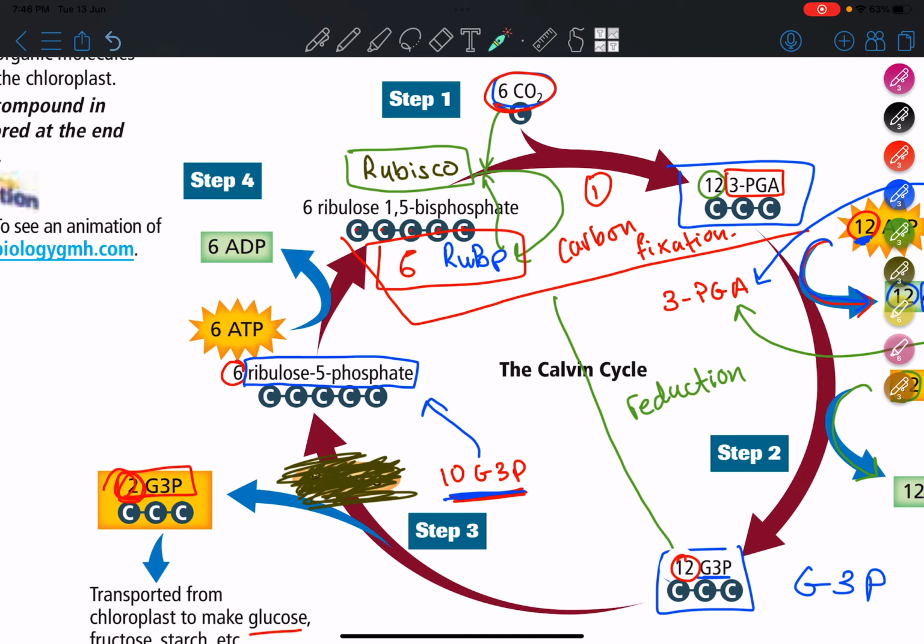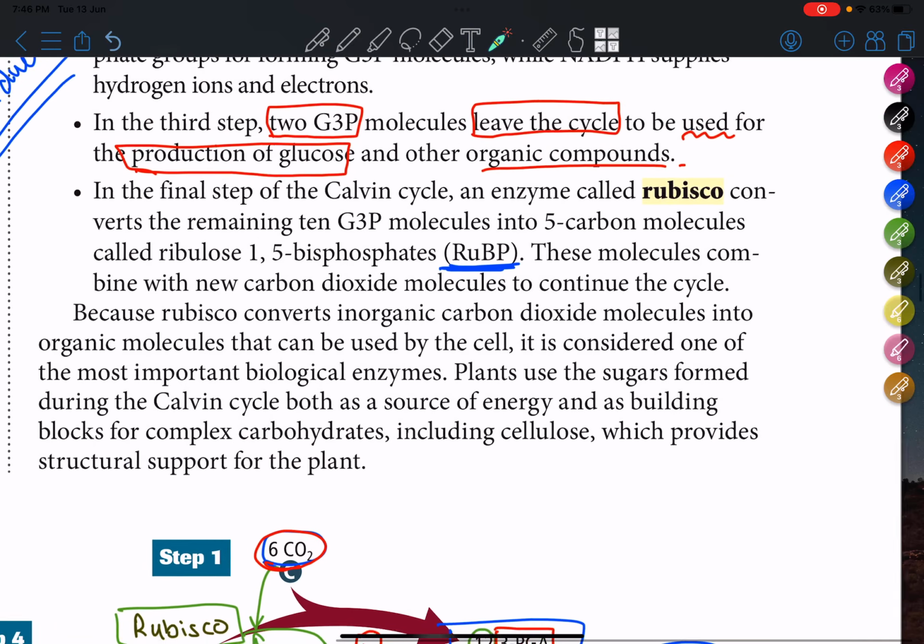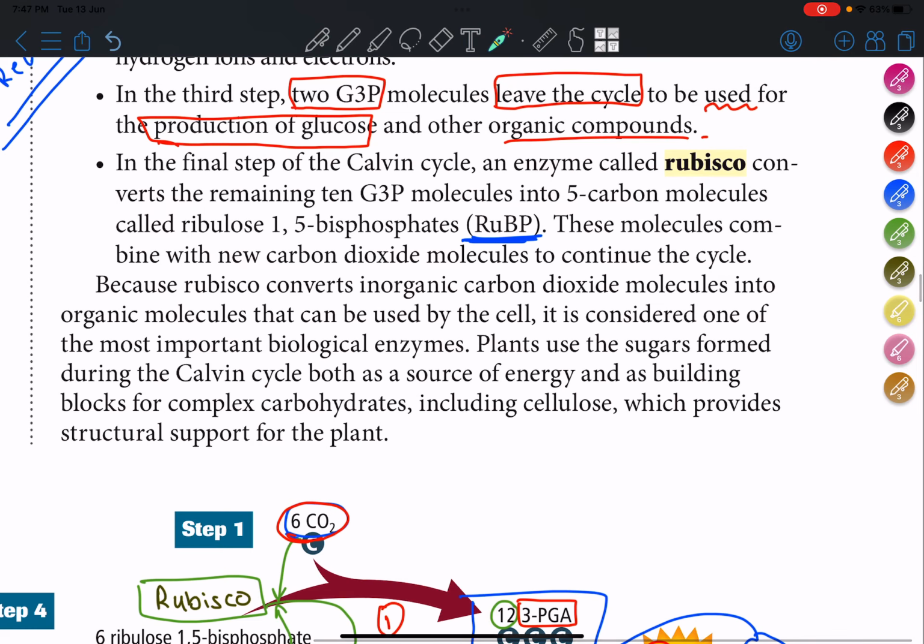So because Rubisco converts inorganic carbon dioxide molecules into organic molecules that can be used by the cell, it is considered one of the most important biological enzymes. And the plants use the sugars formed during the Calvin cycle both as a source of energy and as building blocks for complex carbohydrates, including cellulose, which provides structural support for the plant.